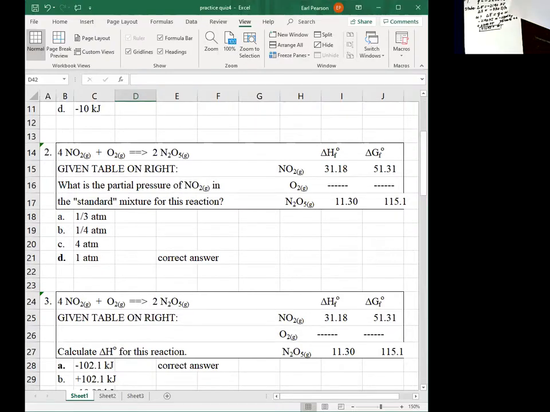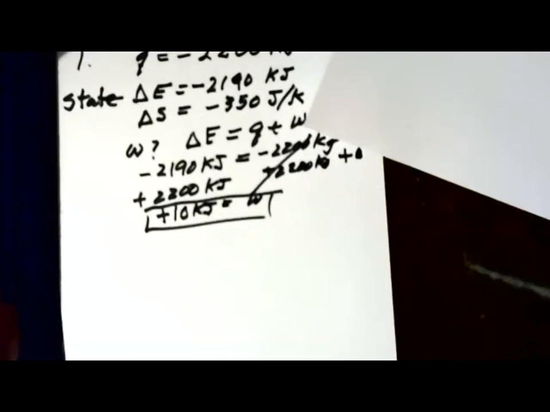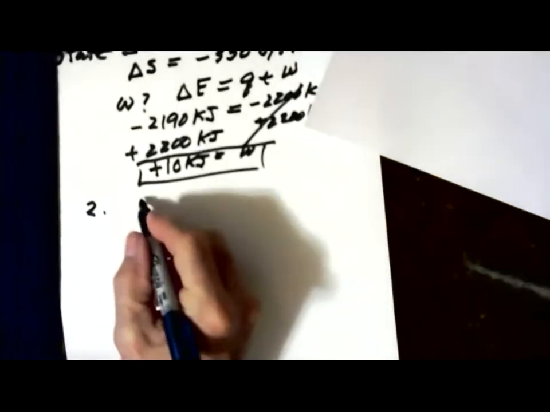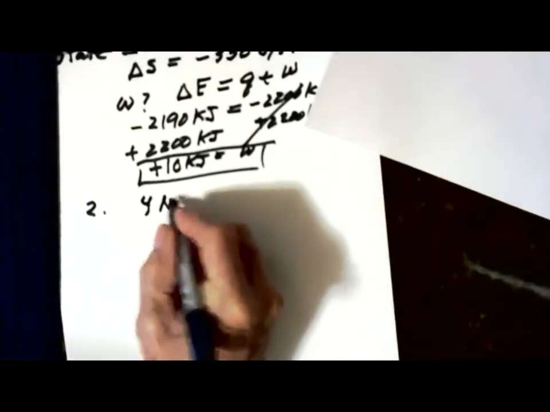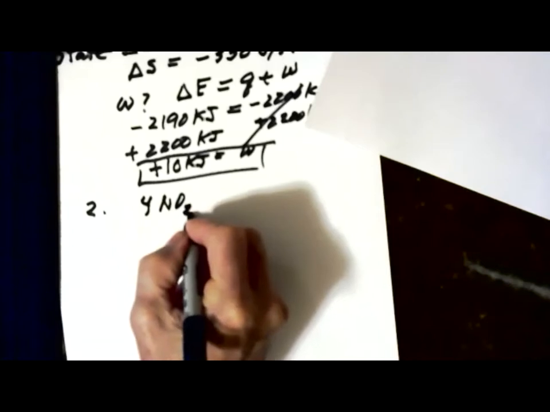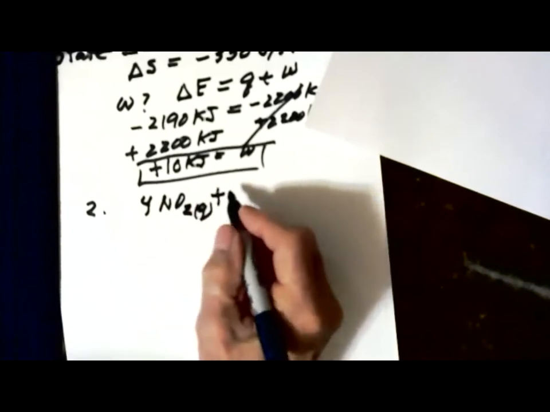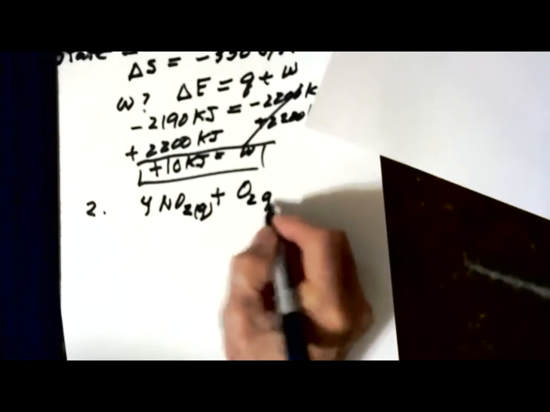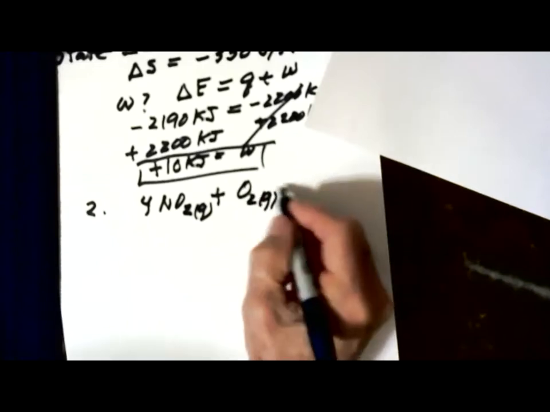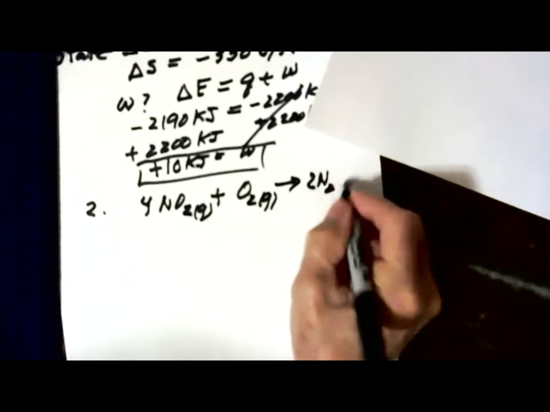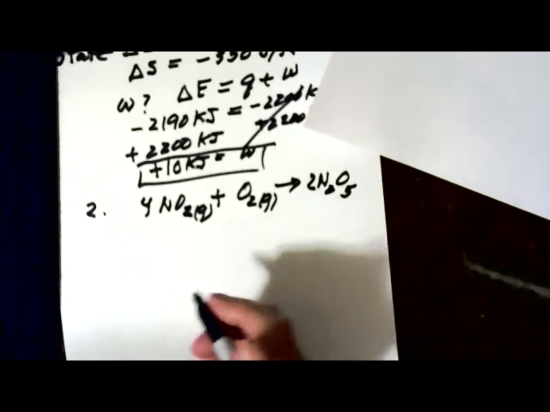Number 2 says the reaction is 4NO2, gaseous, and we react that with O2, gaseous, and we're going to make 2N2O5, gaseous. And then we've got tables.